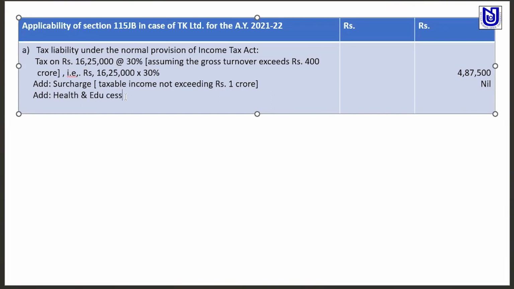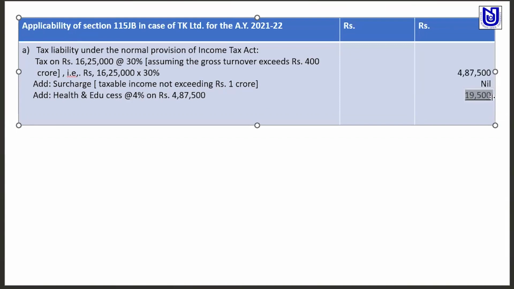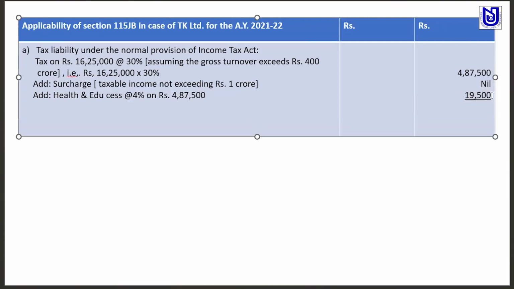Add health and education cess at the rate of 4% on rupees 4,87,500. It comes to 19,500. So tax liability is how much under the normal provision? We can see here 5,07,000.